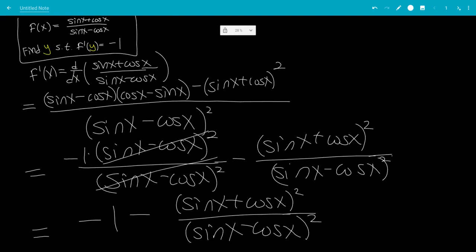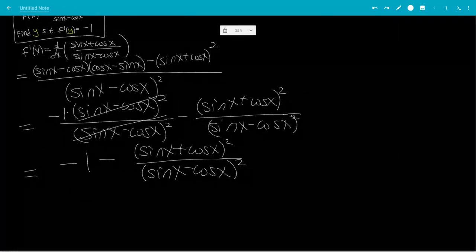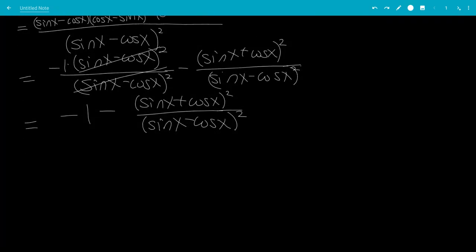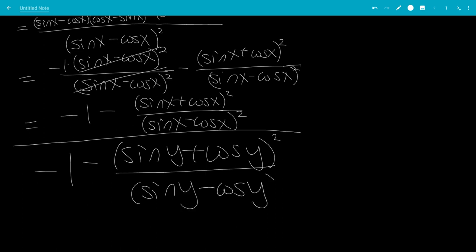So now we also know that f prime of y equals -1. So we're going to plug in y to the function, and we're going to set it equal to -1. So we're going to have -1 minus (sine y plus cosine y) quantity squared over (sine y minus cosine y) quantity squared.